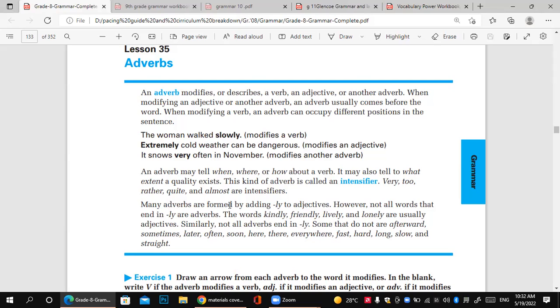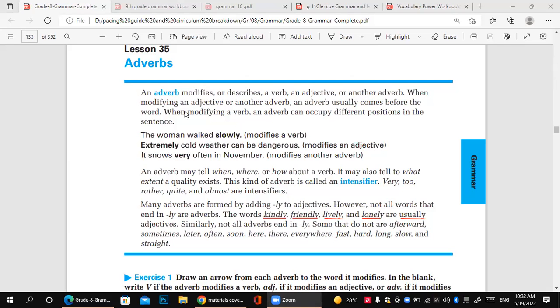Of course, we know that words like friendly, kindly, lively, lonely, usually end with ly.